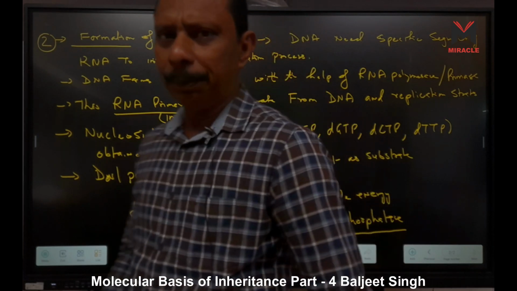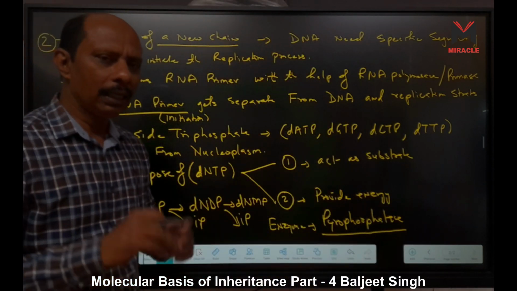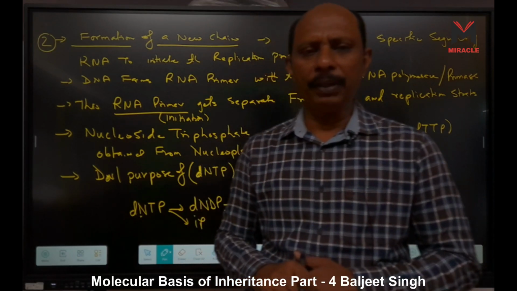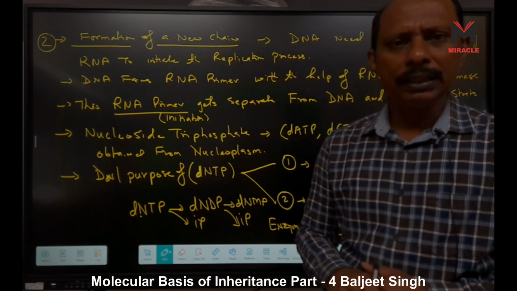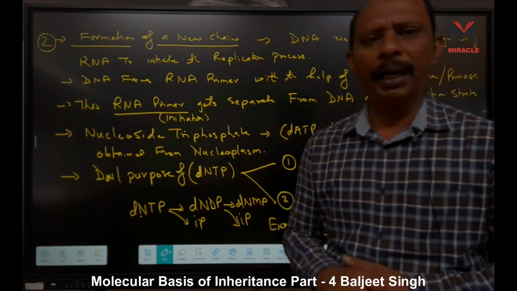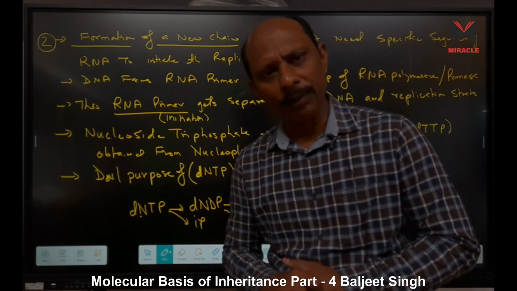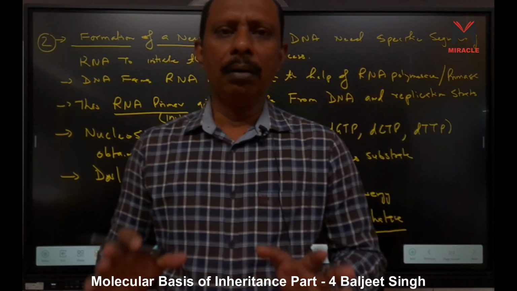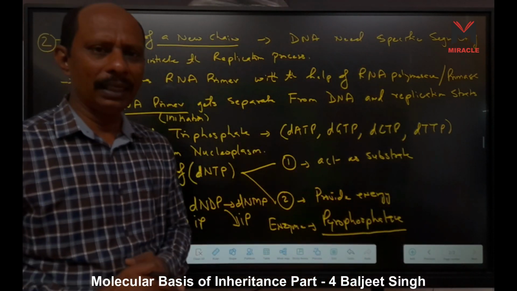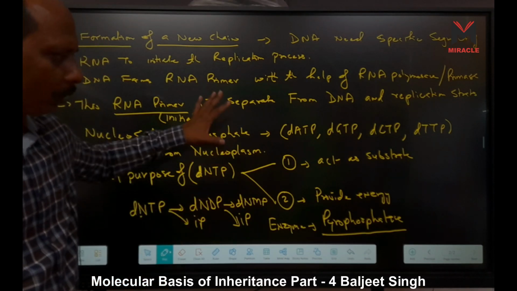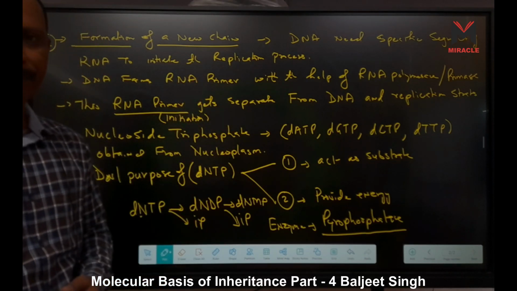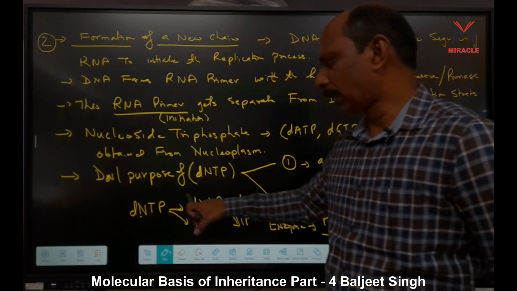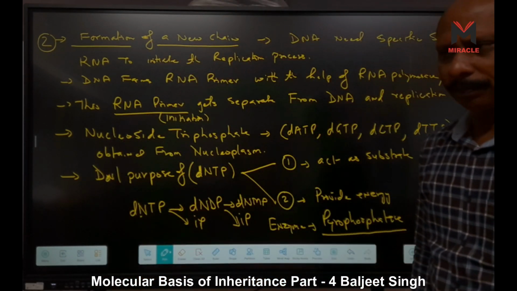That means, you understand, for the process of DNA replication, DNA is not dependent on mitochondria for ATP, for energy, right? So DNA does not need the mitochondria's ATP. It is totally independent. It gets energy when the triphosphates are converted into monophosphates, right?